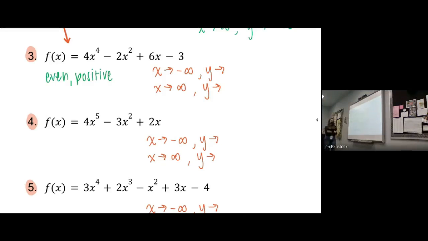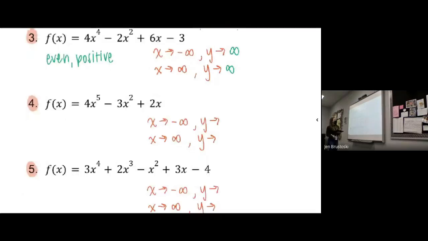Sam? Good. Positive infinity. And as x is approaching infinity, or going to the right, where's y going? Connor? Good. Infinity. Okay. Make sure you got that down.